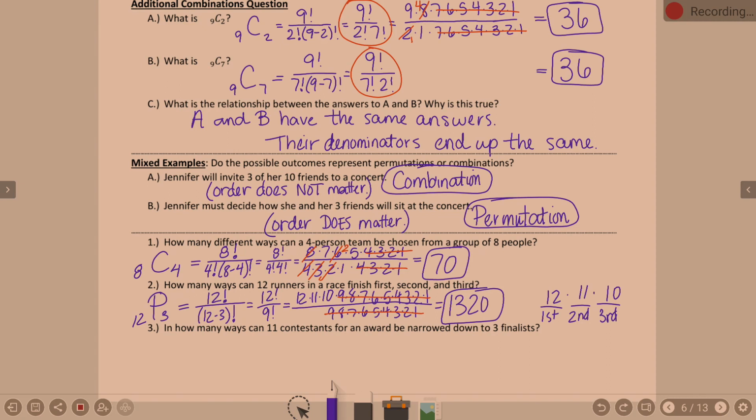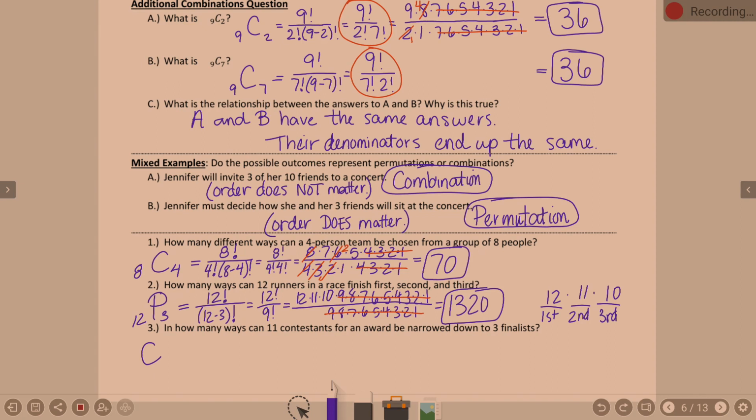This is problem number 3. You're narrowing down to 3 finalists. Does it matter which finalist you are? So, combination, order does not matter.